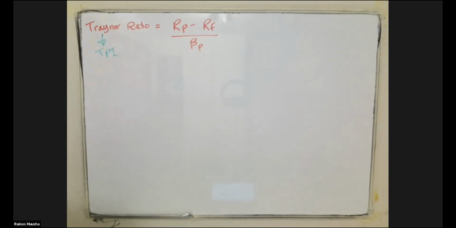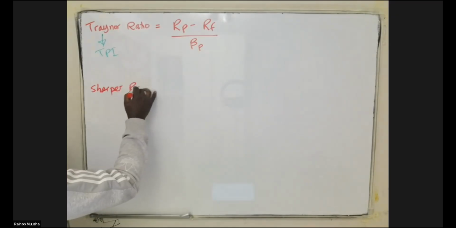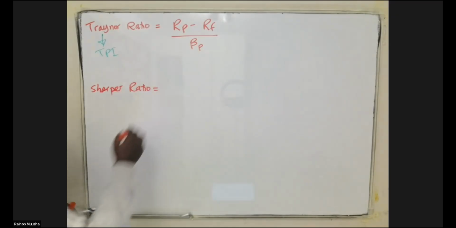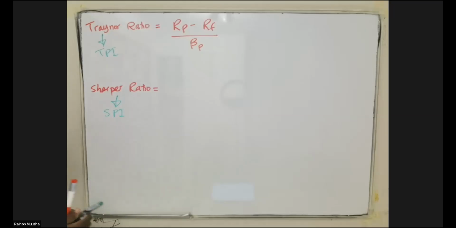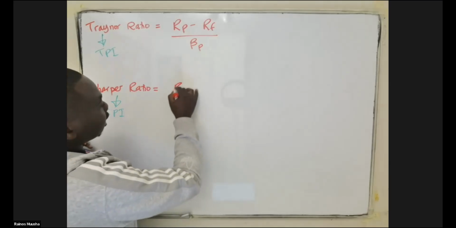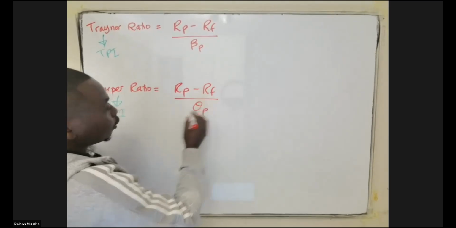Then the other measure is the Sharpe ratio. Sometimes they refer to it as the Sharpe performance index. Your Sharpe ratio is given as the return of the portfolio minus the risk-free rate of return divided by the standard deviation of the portfolio.